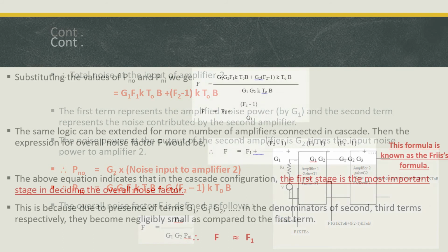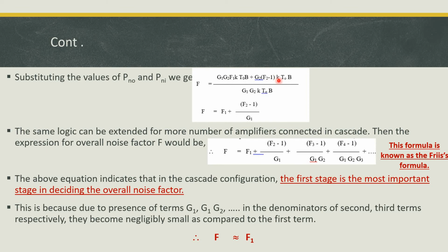Pn0 is replaced here. Substituting that, G1 is cancelled here and G2 is cancelled here and K T0 B commonly cancel. Then finally F is equal to F1 plus (F2 minus 1) divided by G1. This is the formula applicable for cascade connection of two amplifiers.